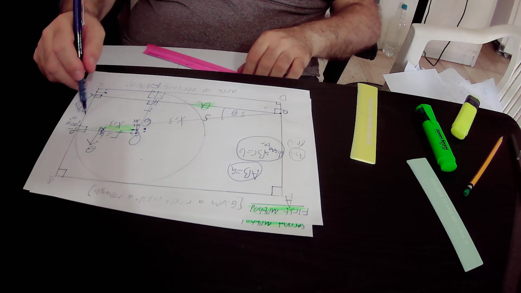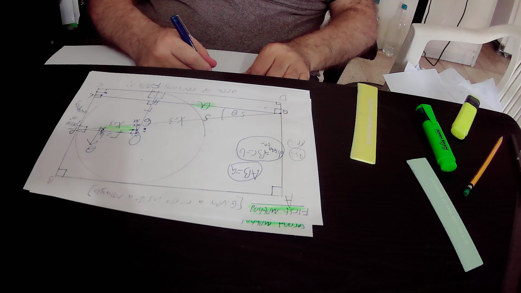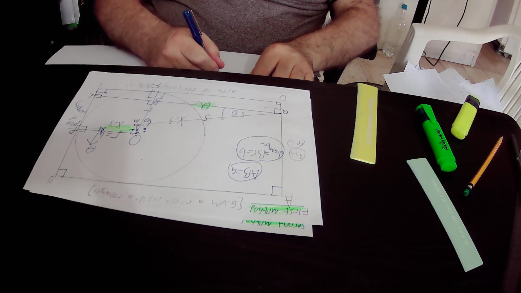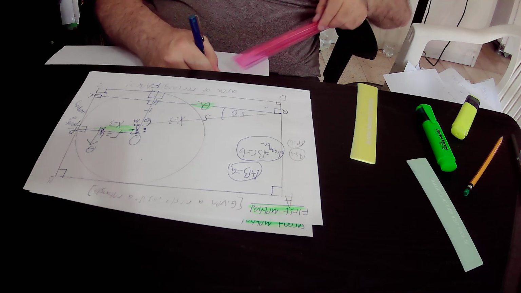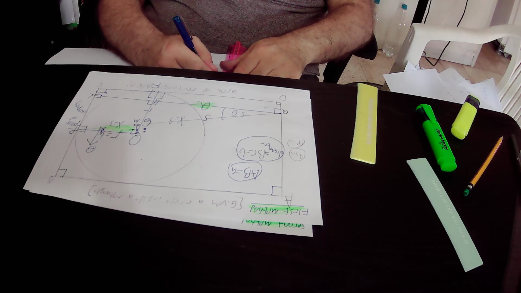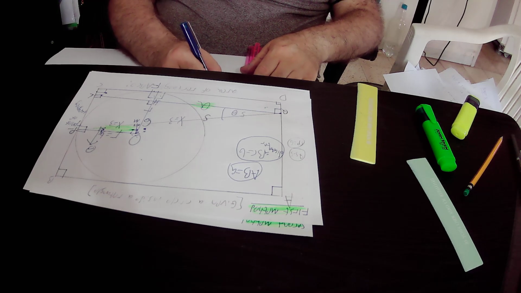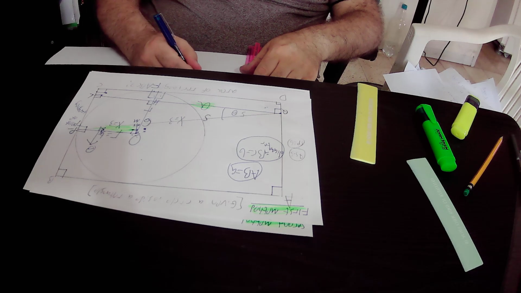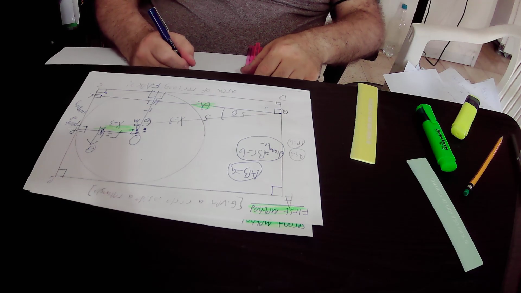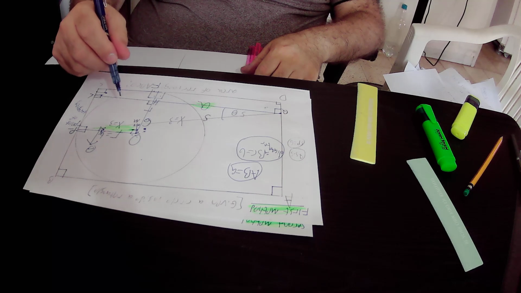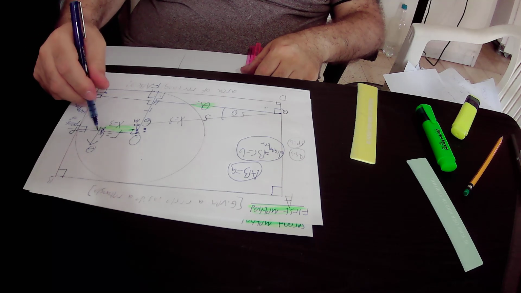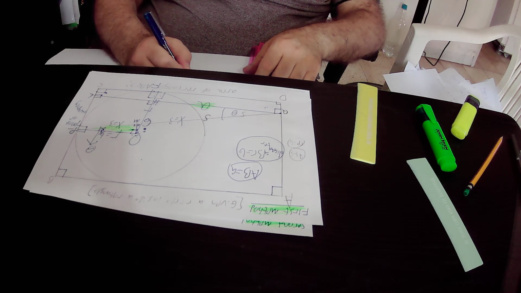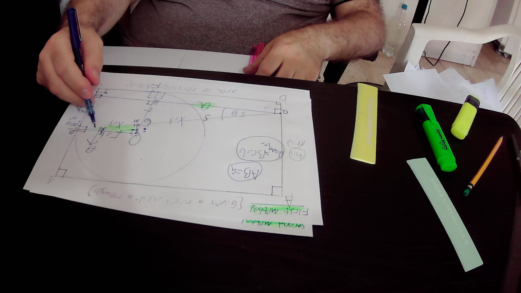Angle OMP equals 90 degrees. It is a right angle according to our construction. The hypotenuse OP is equal to B over 2. And this angle equals theta.